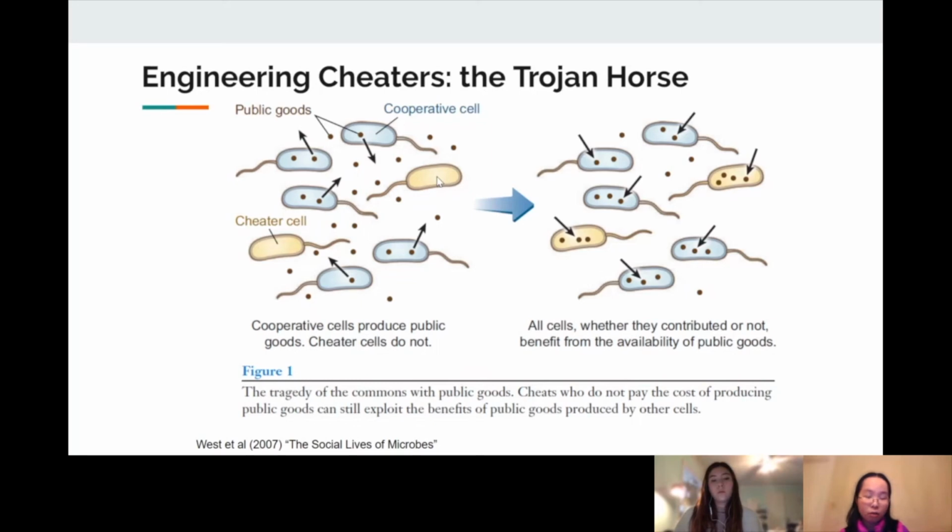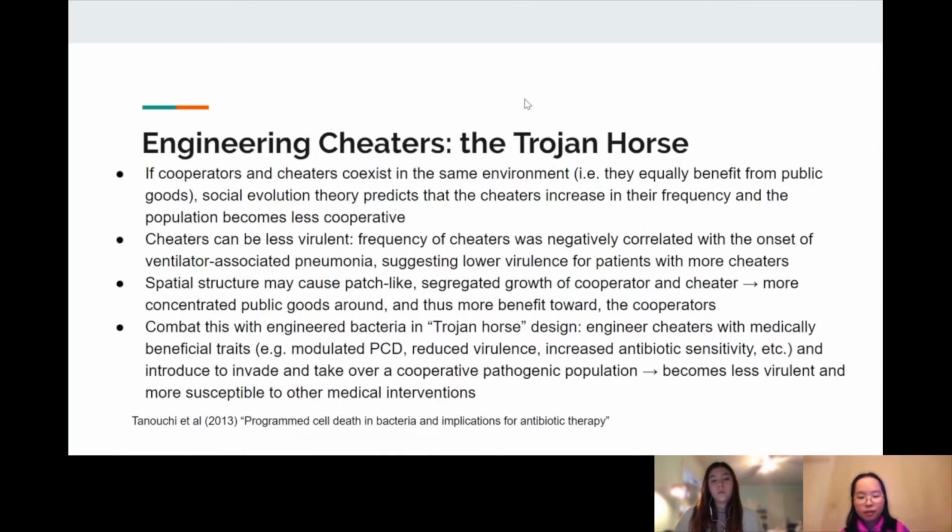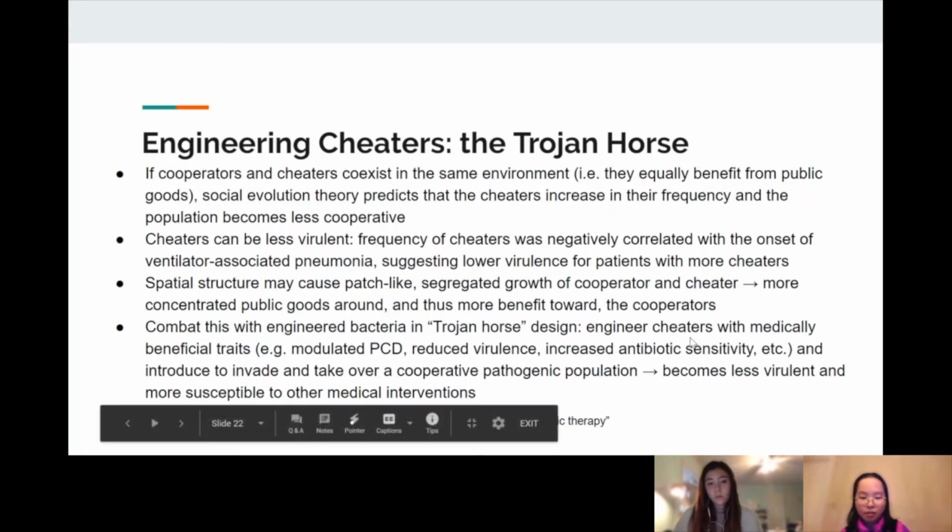But the cheaters are not antibiotic resistant, so now you can use antibiotics to wipe out the entire population. So this is one example with the increased antibiotic sensitivity. You can also use that same example with the reduced virulence in the cheaters.